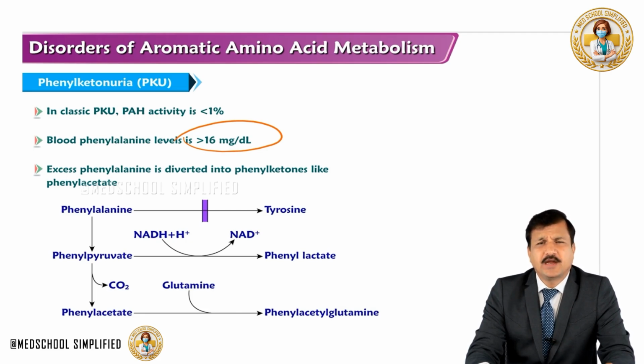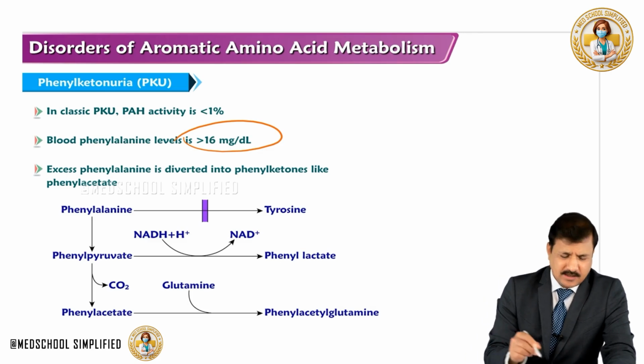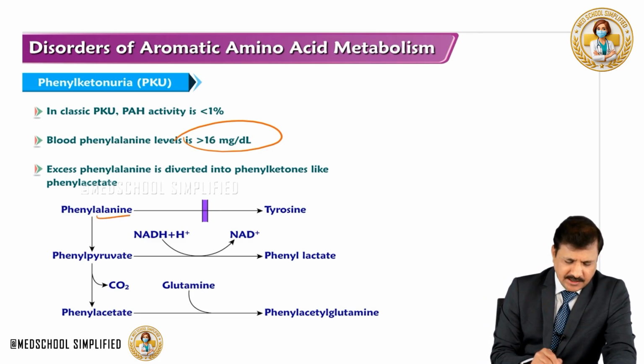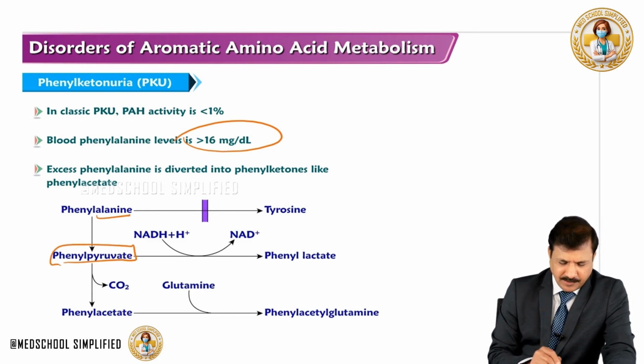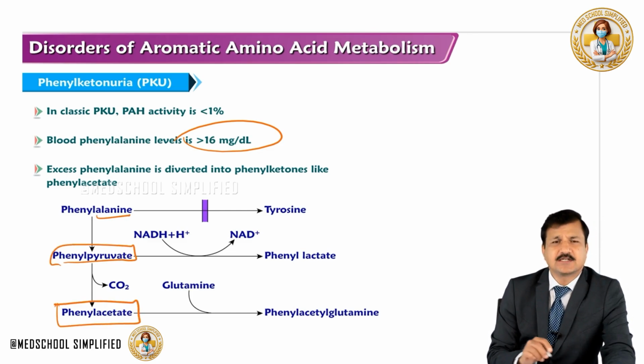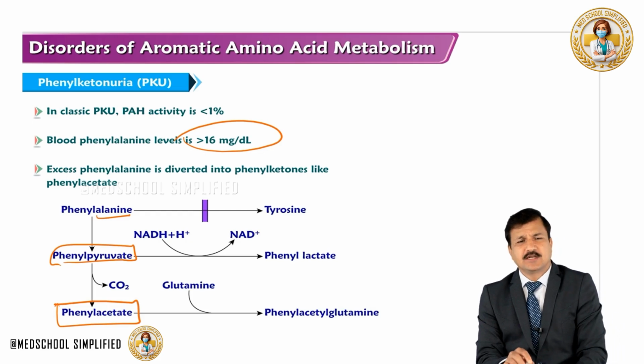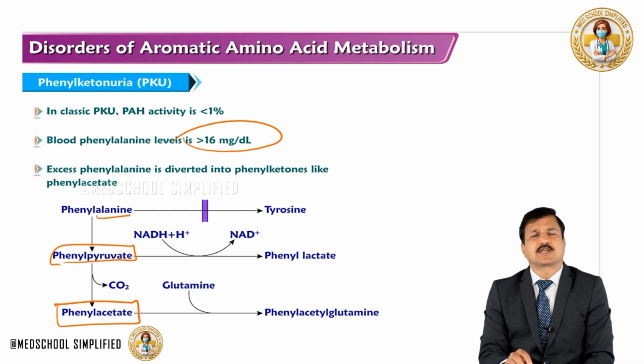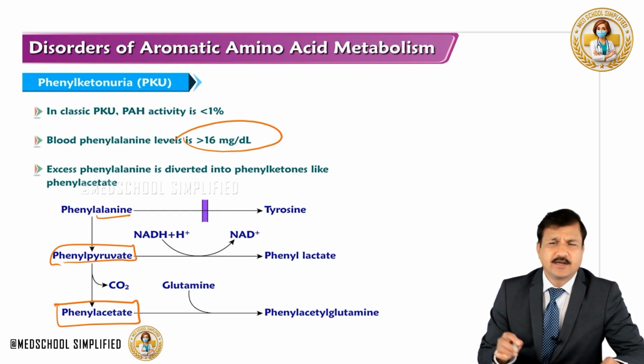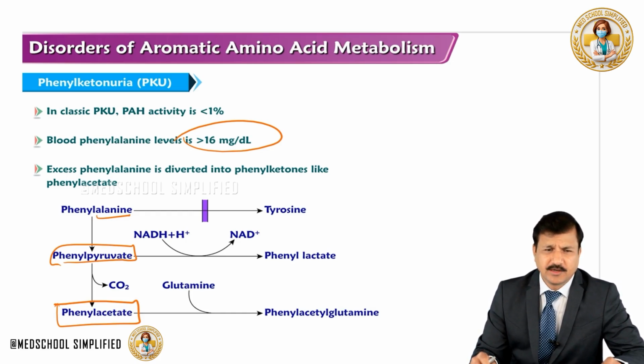The other fate of phenylalanine in the cell is that it is converted into phenyl pyruvate, and that phenyl pyruvate is converted to phenyl acetate upon decarboxylation, and phenyl acetate levels can be elevated in the blood and appear in the urine. And the phenyl acetate is a phenyl ketone derivative.